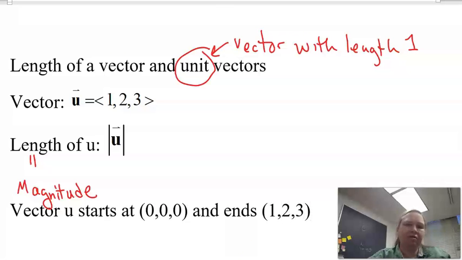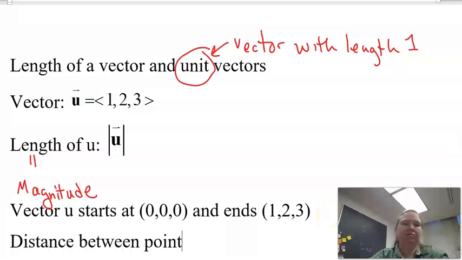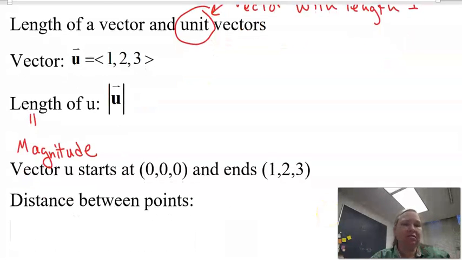And if you start at the origin, then that ending point is going to have the same coordinates as the components of the vector. And so if I wanted to know the distance between those 2 points, I would use the distance formula that we were using for points in 3 dimensions just in the last section.